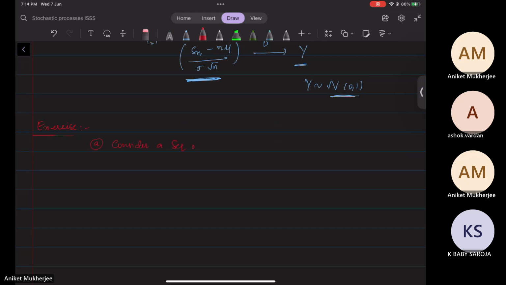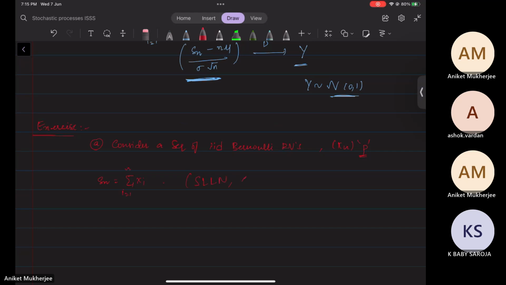Consider a sequence of IID Bernoulli random variables Xn with parameter p. Now I'm defining Sn equal to summation i equal to 1 to n of Xi.